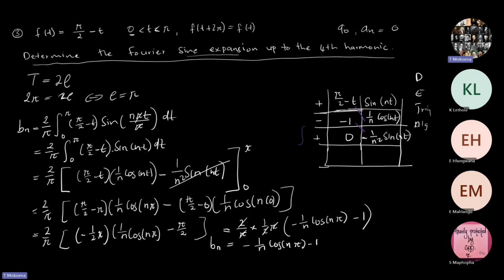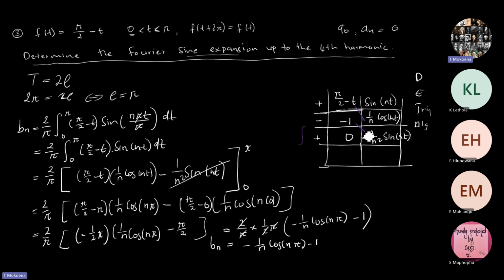Sometimes we can just check if there is anywhere where we made mistakes, because mistakes are bound to happen. So let's revise this to see if there is a point where we made a mistake. We took it from here.